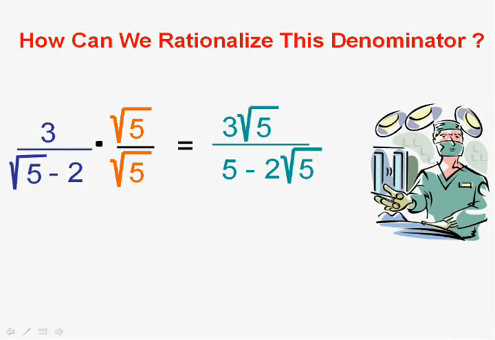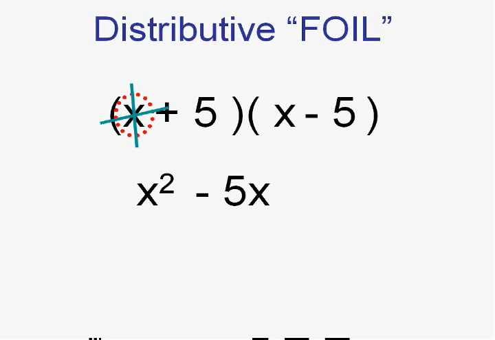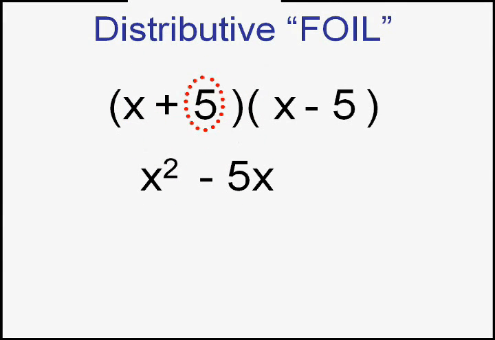The new trick is somewhat related to what we used to call FOIL. The nice thing about FOIL was we would take the first term and multiply it times both of them, and then we'd take the second term when we were done with the first and multiply it times both of them.